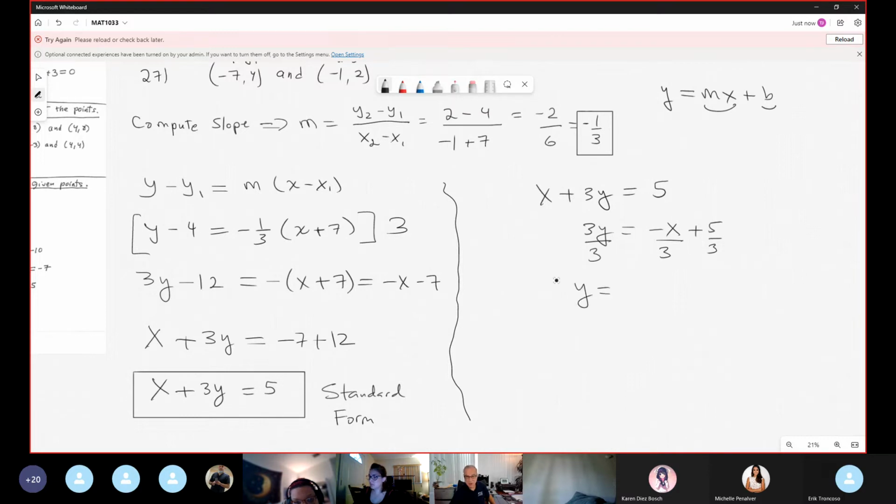And y alone is negative 1/3 x plus 5 over 3. And you visualize clearly now. Okay, the slope is negative 1/3. Exactly, as we predicted here. Look. And b is 5/3. So you want to express the equation, one form of the equation is like that. Okay, cool. I am boxing it because it's important. And this is the slope-intercept form.